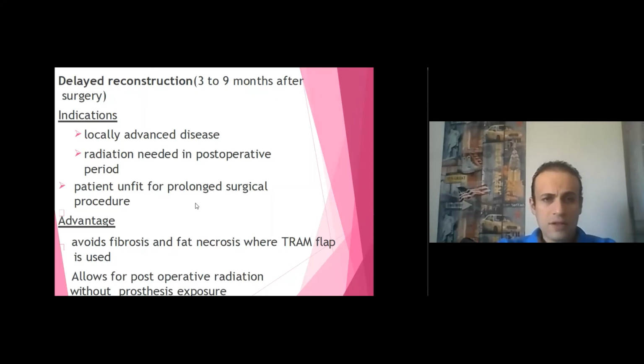The advantage is that it avoids fibrosis and fat necrosis if we need radiotherapy after the operation, and allows for post-operative radiation without side effects.